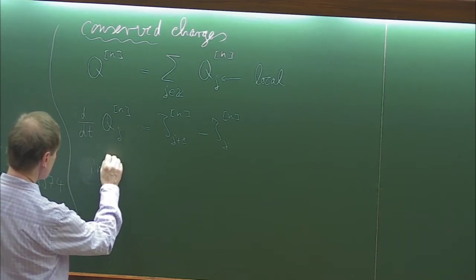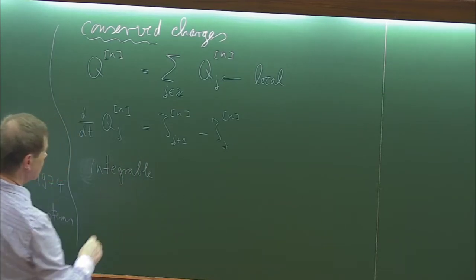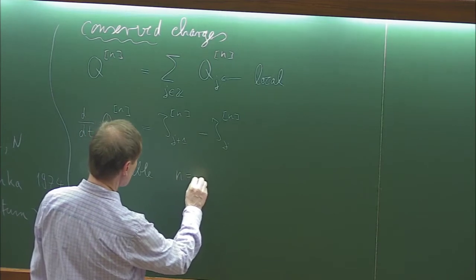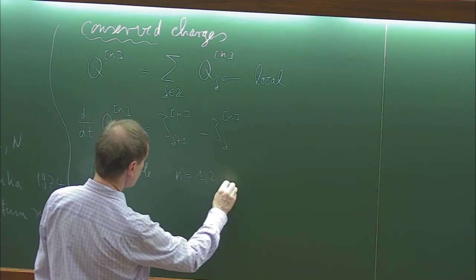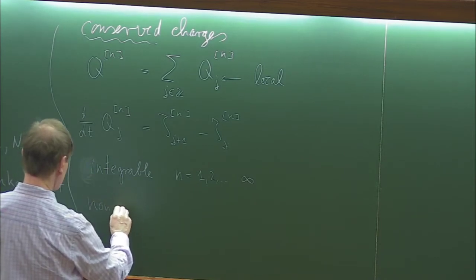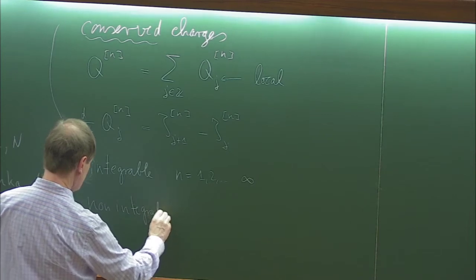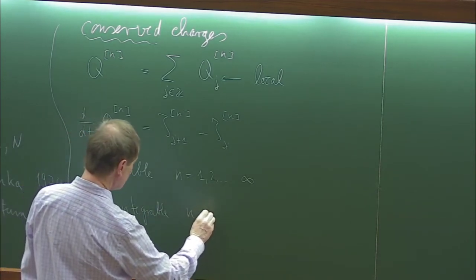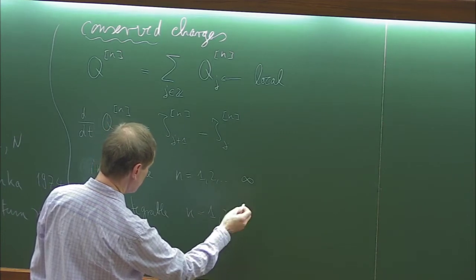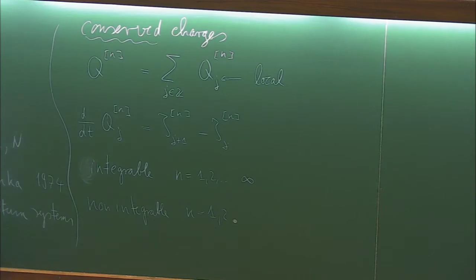The integrable case would be that I have an infinite number of conservation laws, so n goes 1, 2, etc., all the way up to infinity. And in the non-integrable case, you try very hard, but then the list stops maybe after 1 or 2, or maybe 3, and then it finishes.